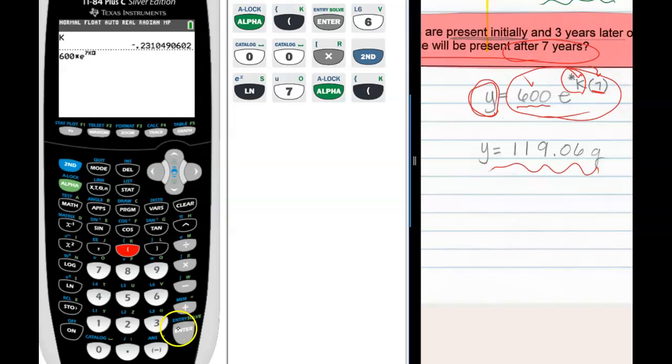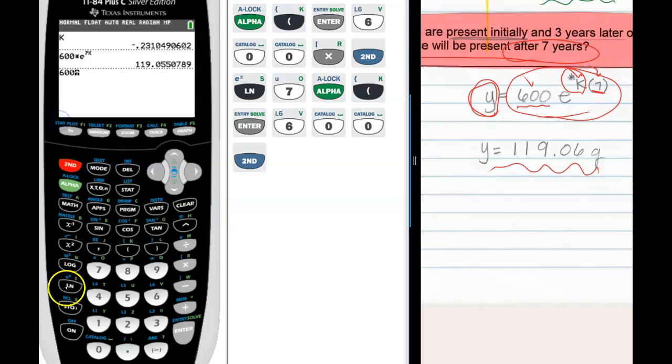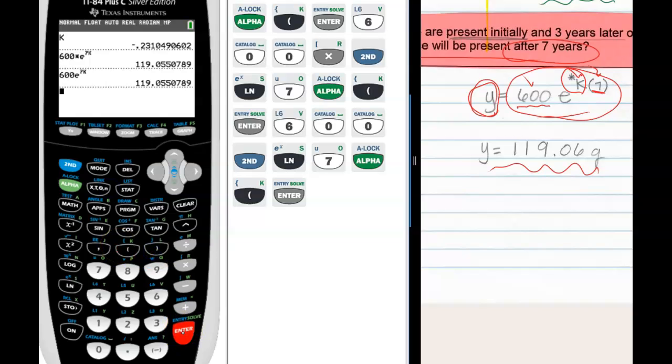When I push enter, you can see we find a value of 119.06 as an approximation. So what I mentioned before is that you can do 600 and then second natural log to get e to the exponent. Then type in 7 times k, or k times 7. Make sure you get your alpha k, and then push enter, and we should get the same value. And that concludes this video.